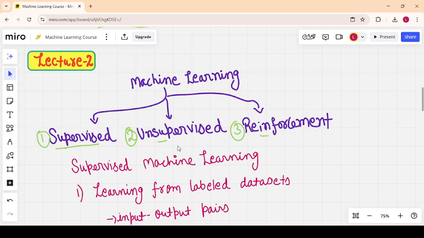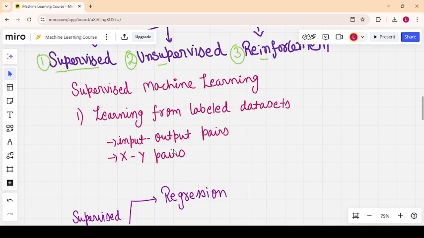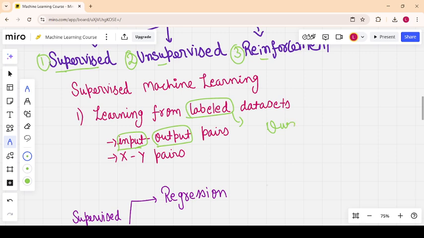Supervised machine learning is a type of learning where the model learns the pattern hidden in a labeled dataset. Labeled is a very key point, and we need to pay attention to it. Labeled means we have an input and output pair. Think of preparing for an exam: we have questions as well as answers.